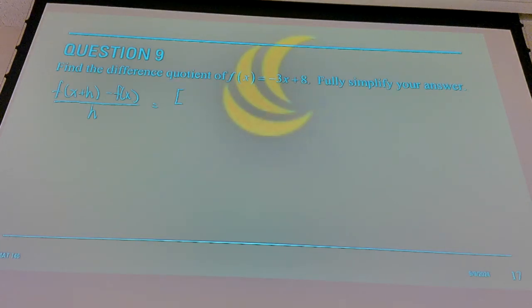Replace x with x plus h. So there's f of x plus h, minus f of x. And then all over h.